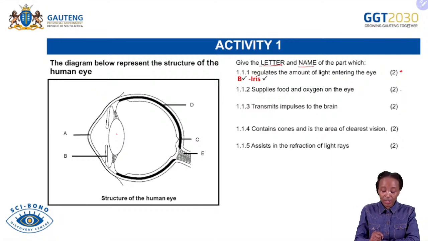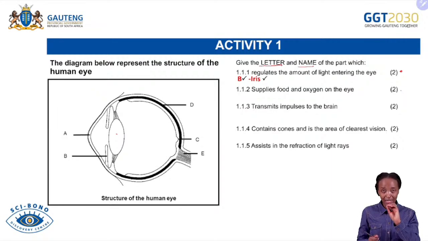Then the second question says, the part that supplies food and oxygen to the eye. Remember with the 3 layers that we discussed earlier, the outer layer holds and maintains the shape of the eye, then the middle layer, we said, has lots of blood vessels. That is why it's even dark in color.